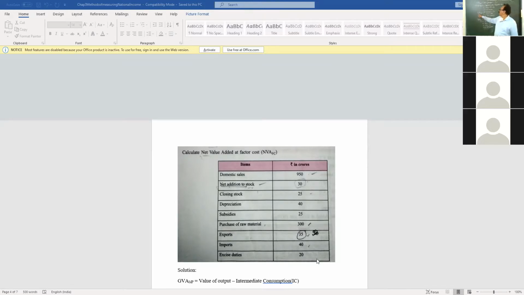What is this? This is the gross value added at market price. What is your question asking you to do? It is asking you to find the net value added at factor cost. Since we have learned how to interchange the aggregates of national income, there is no problem whatsoever. All those three things have to be learned, remembered and memorized.